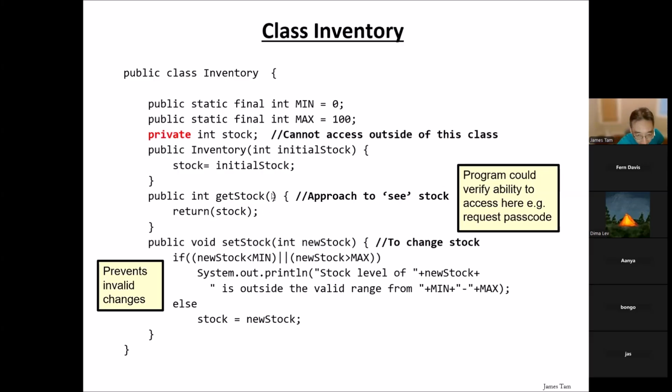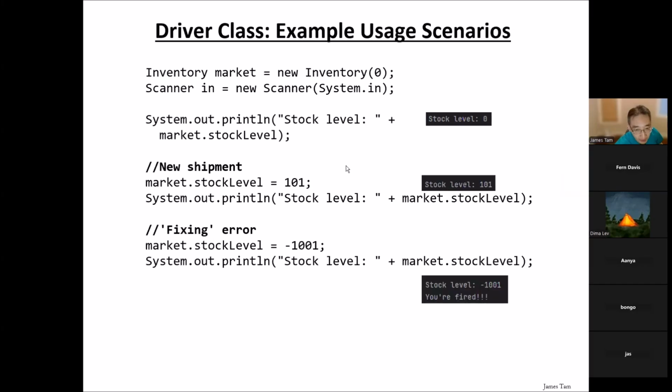However, by only being able to see it through querying get stock, we can later add code, say some authentication, to prove that you are allowed to see this private information. If we just set it as public, we would lose that ability. You might say, well, why don't I set it here to prevent the stock level?